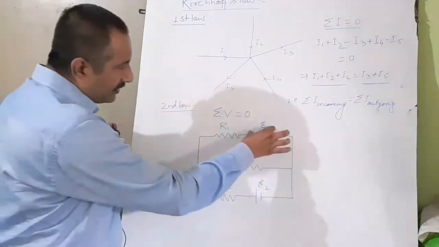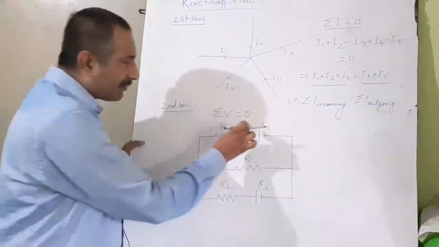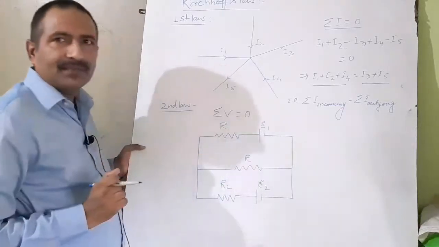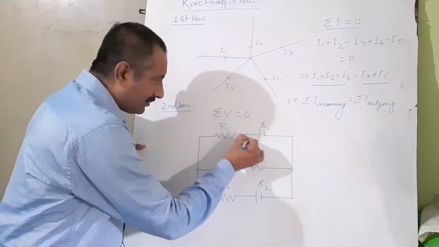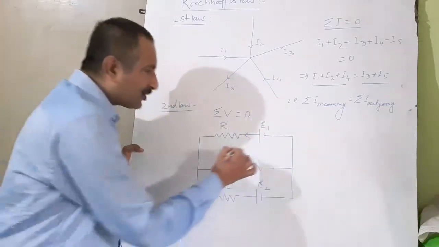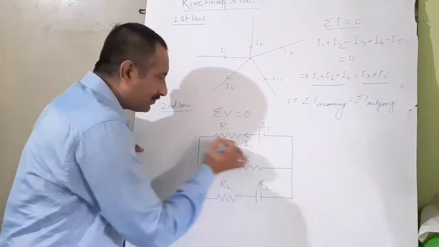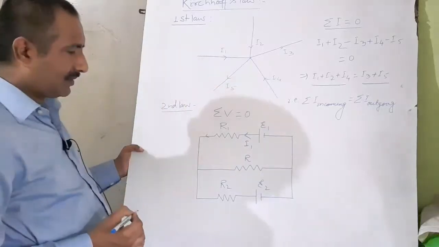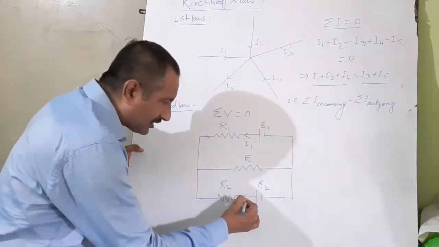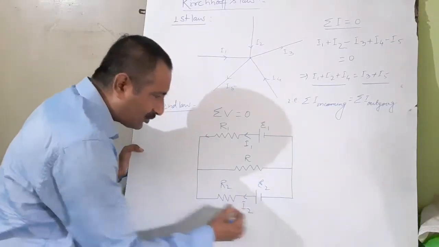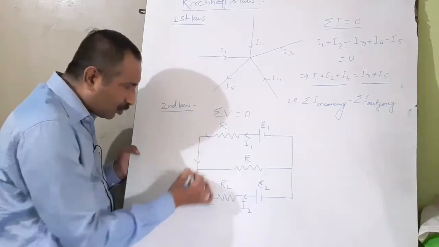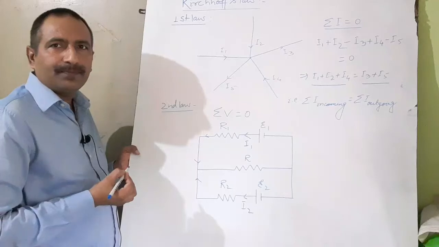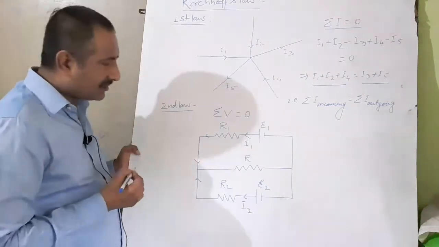So you see, this is the cell and this is the positive terminal of the cell. So current will flow in this direction. Suppose this current is I1. Here current will flow in this direction. Suppose this current is I2. And at this junction, two currents I1 and I2 are incoming currents.